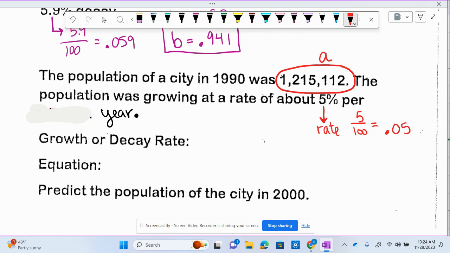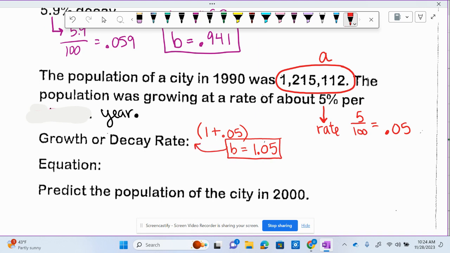It says, what is your growth or decay rate? Are we growing or decaying? We're growing. So our growth or decay rate is 1 plus 0.05, which really is 1.05. That's the answer it's looking for.